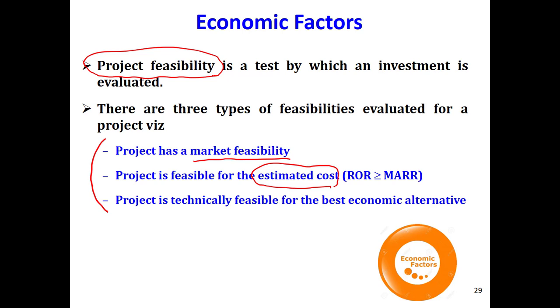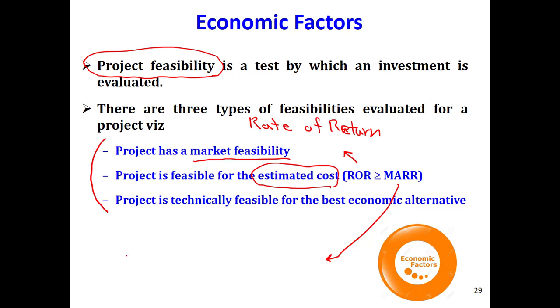For the estimated cost, we need to do this kind of calculation. We need to compare 2 parameters: ROR should be bigger than MARR. I will tell you what these are, you don't need to go through the details, just some information for you. ROR is the rate of return, how much return we have.